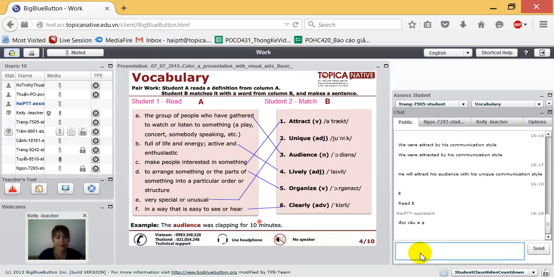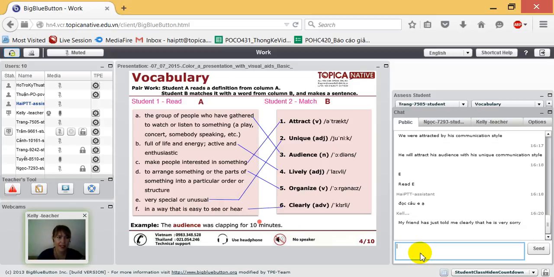My friend has just told me clearly. My friend has just told me clearly. Okay, so I would say maybe my friend has just told me clearly that he is very sorry.